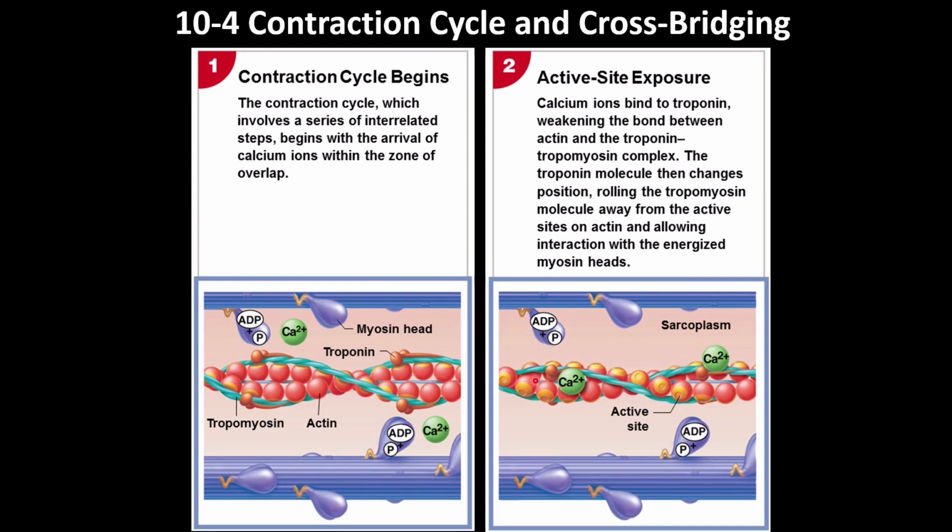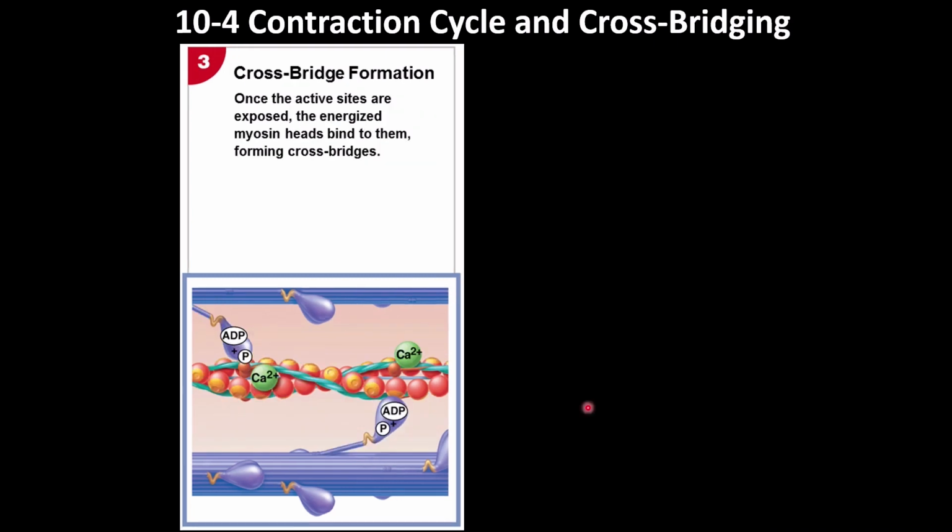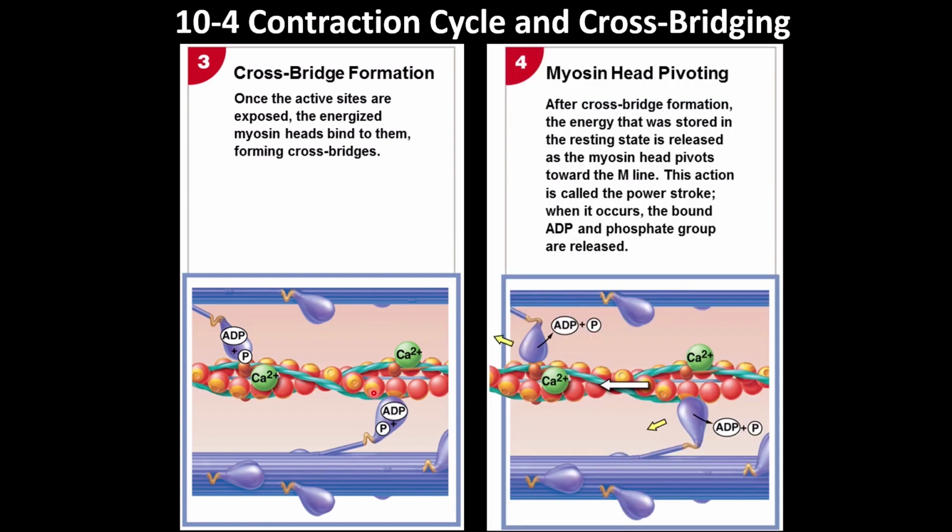Troponin moves tropomyosin, and now the active site of actin is exposed. Once the active site of actin is exposed, and the myosin head also has energy, it goes and attaches here. That will cause a cross bridge, the attachment of the head of the myosin to the active site of actin.